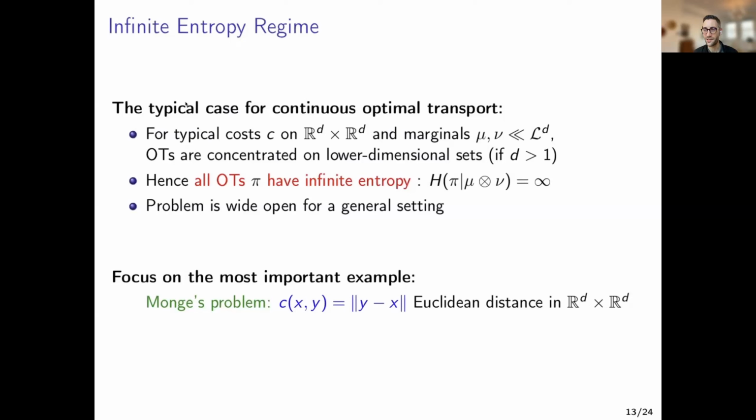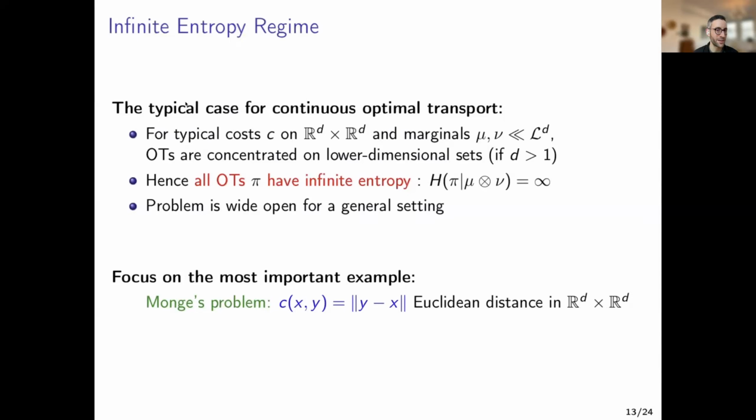So this is not an interesting question in that setting. Then I would argue the second most important cost function in optimal transport is the distance itself. It's the function that gives rise to the one Wasserstein distance, at least in application. And indeed, here we usually have a non-unique solution when the marginals are continuous. So I would say this is probably the canonical example to look at this problem.